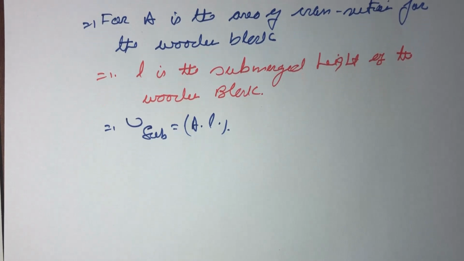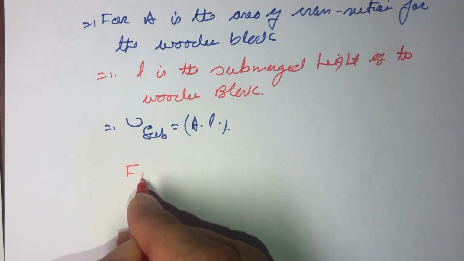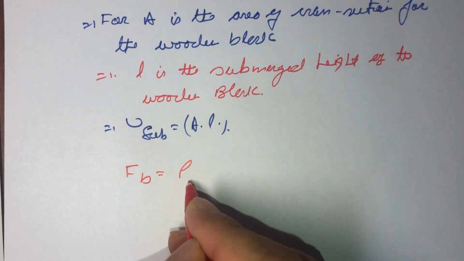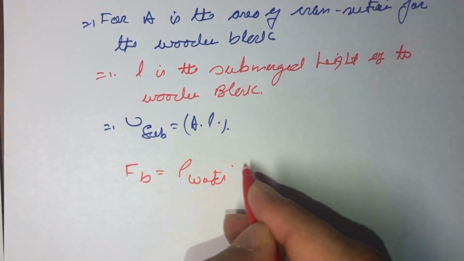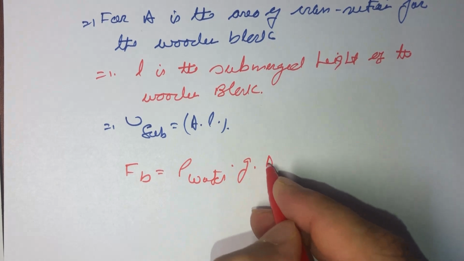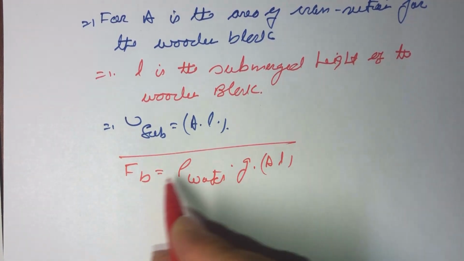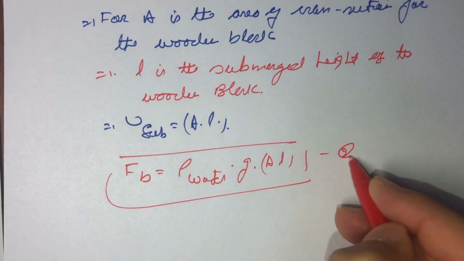So we can write the buoyant force FB will be equal to density of water multiplied by g multiplied by A into L. This will be our equation number 2.